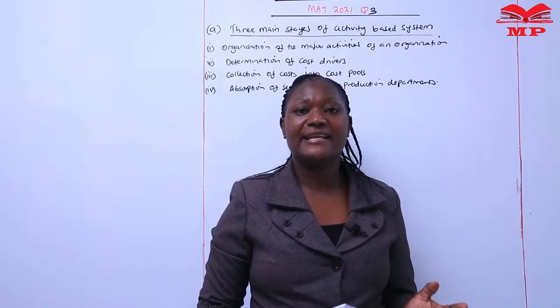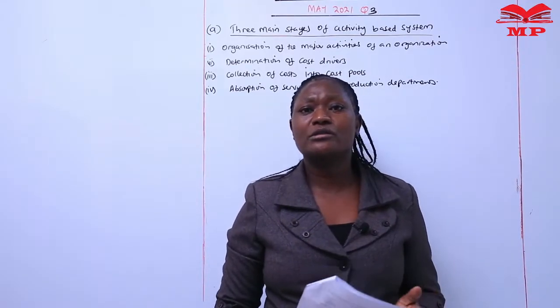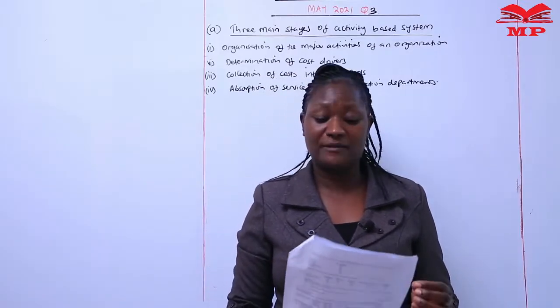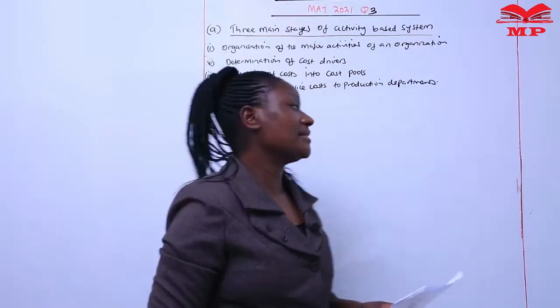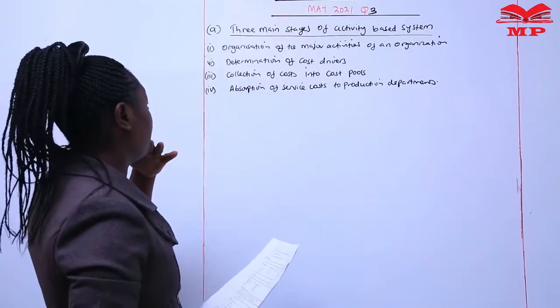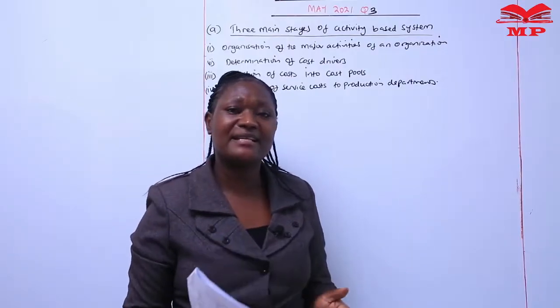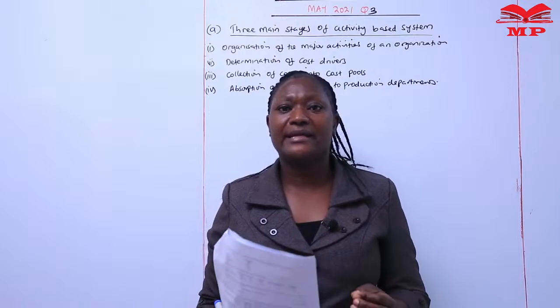Once you have identified them, we collect them. Those that are of the same nature are put together into what we refer to as cost drivers. And therefore, our second step is determination of the cost drivers. Cost drivers is a group of activities that cause cost to be incurred.